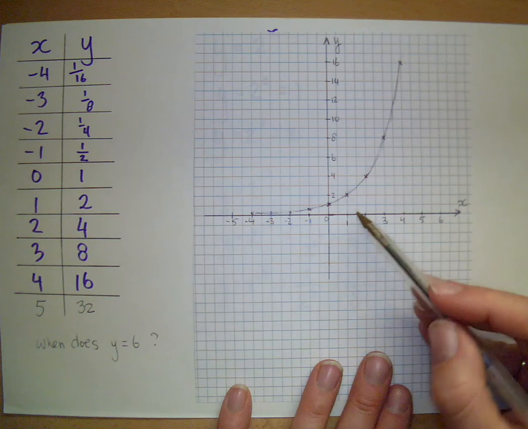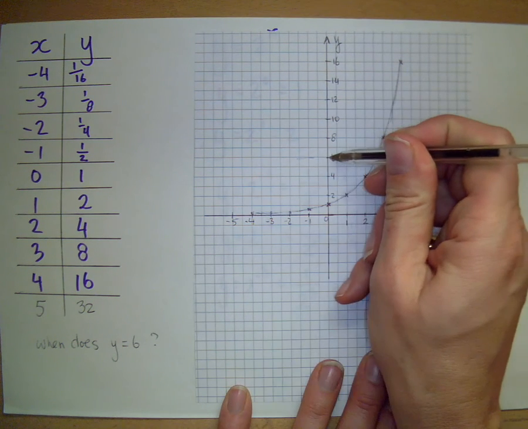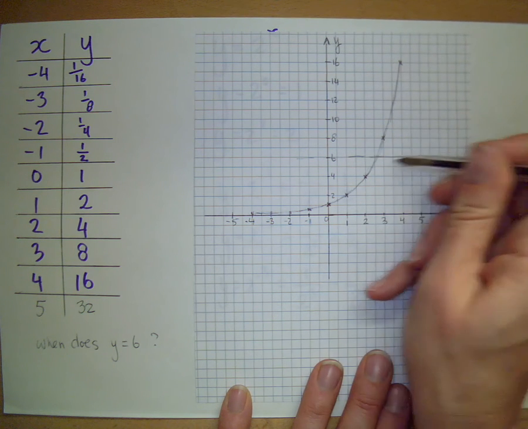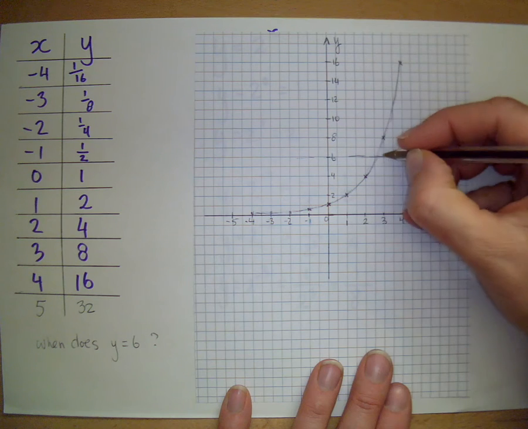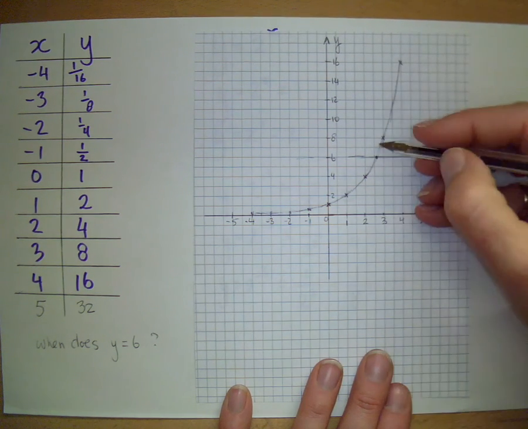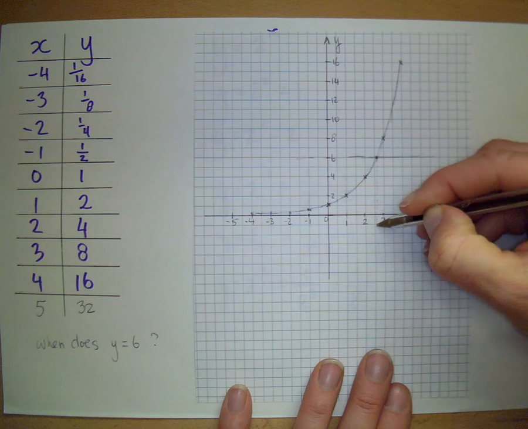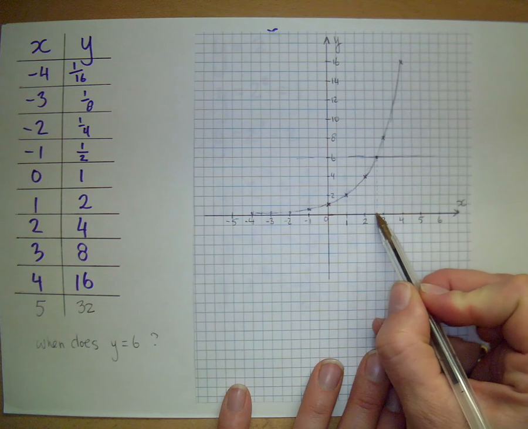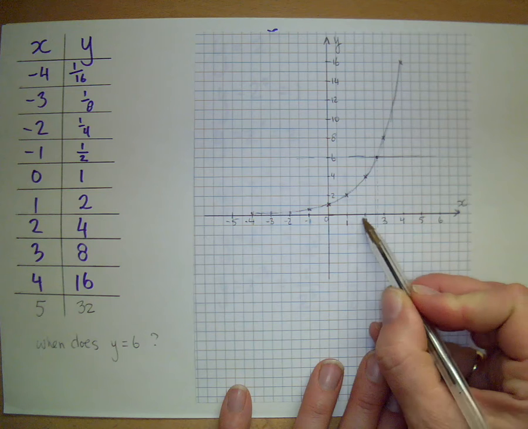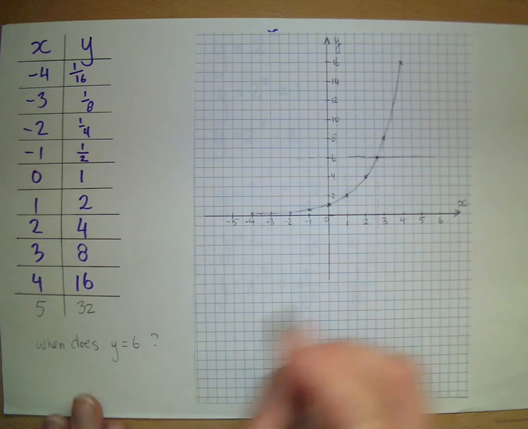We can estimate. So where does y equal 6? This is where y equals 6, right? So we just follow this line and see where it hits our graph. And it's somewhere here. So the x value for which y equals 6 is around 2, what shall we say, a bit more than 2.5, 2.6.